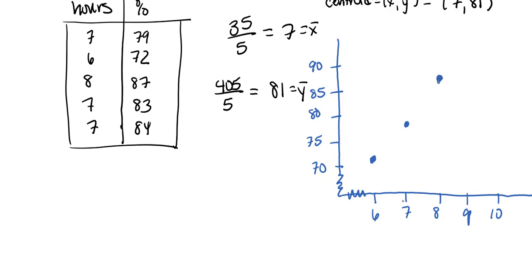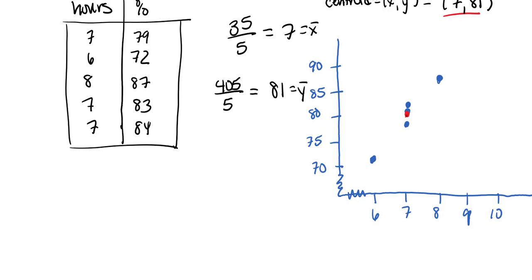And then we have 7 and 83, somewhere kind of right there. And we have 7 and 84. Then, let's do a different color. Our centroid is 7 and 81, so the line must pass through this point.